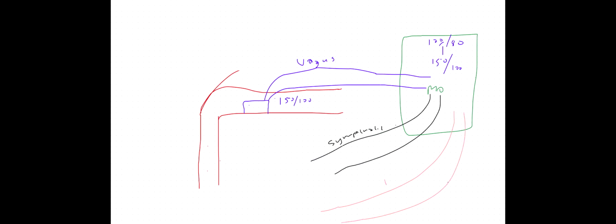So when your blood pressure is high, what will the medulla oblongata do? The medulla oblongata will increase the parasympathetic stimulation of the heart and decrease sympathetic stimulation.